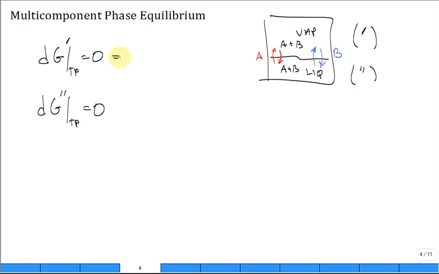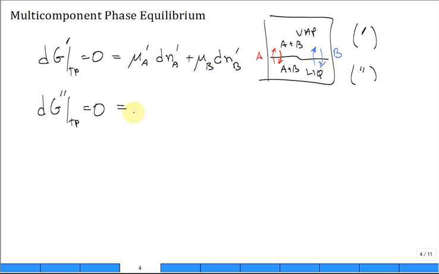Well, that's equal to the chemical potential. I know this textbook now switches to chemical potential at this point instead of the Gibbs function, times the change in the amount of A in that phase, plus the chemical potential of the species B, or component B, times the change in the amount of B in that phase.